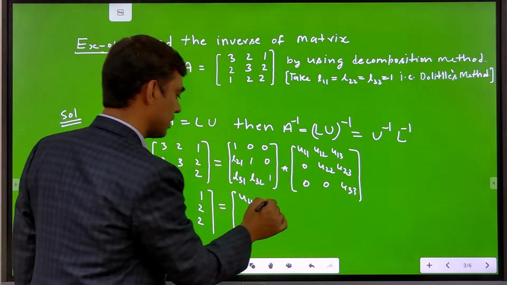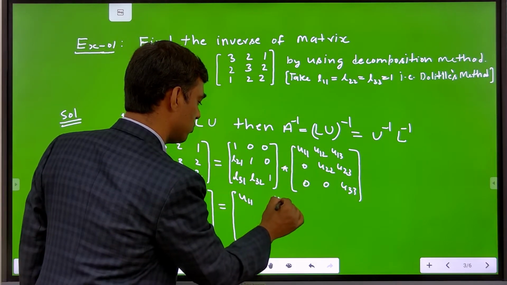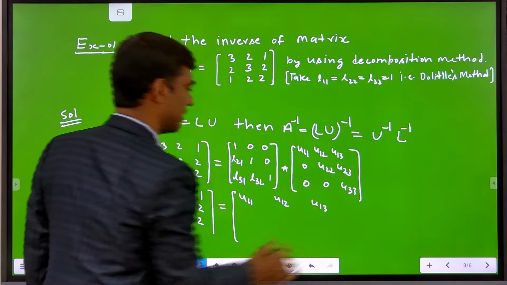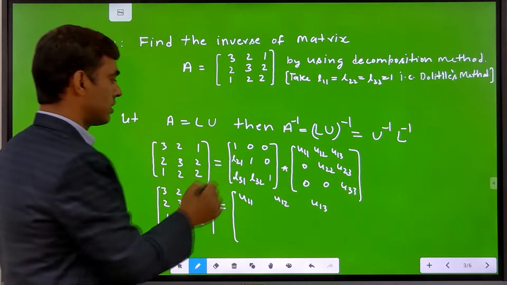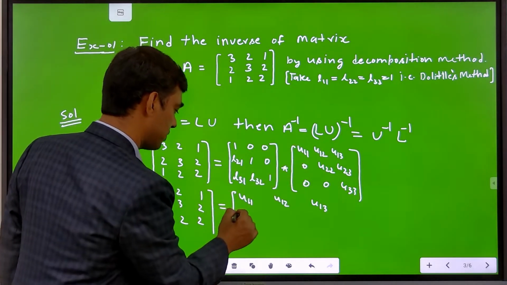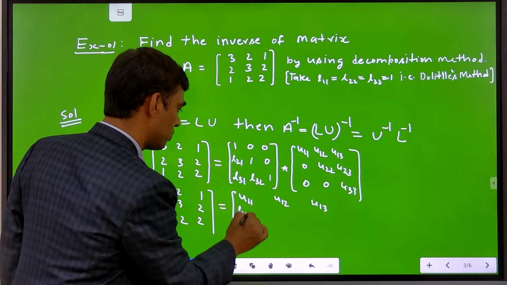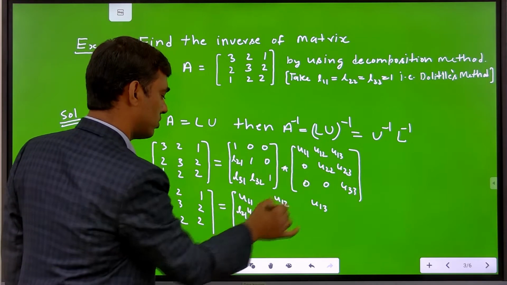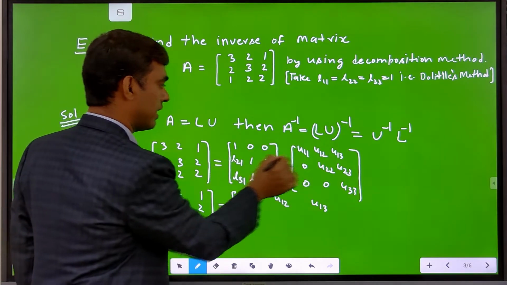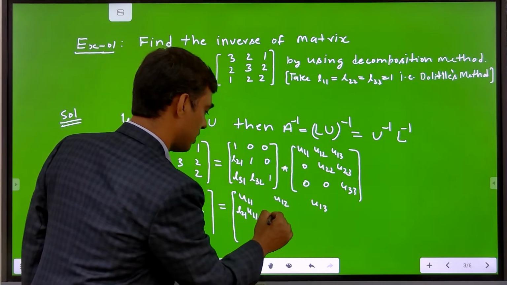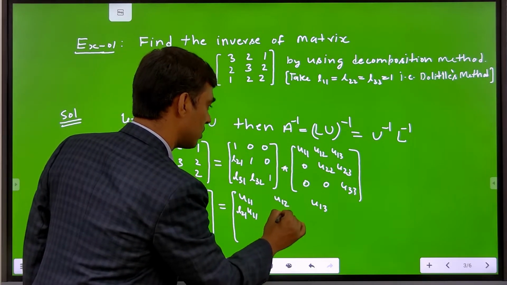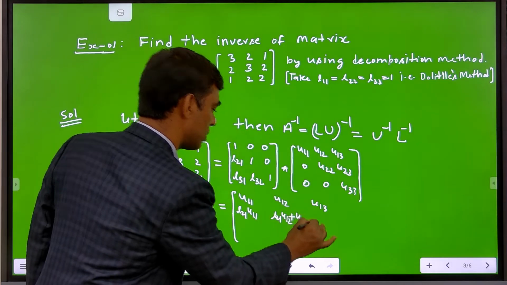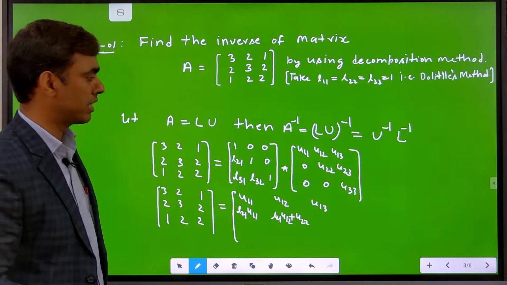First row second column becomes U12, and first row third column is U13. Second row first column becomes L21 U11. Second row second column is L21 U12 plus U22.